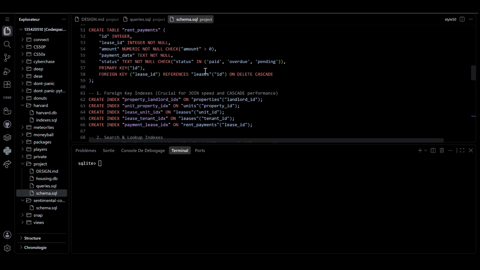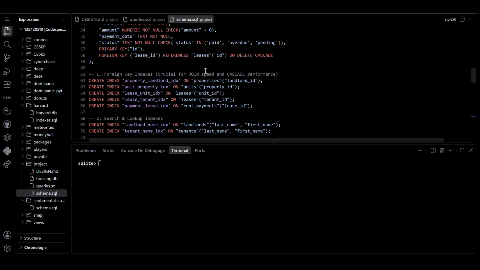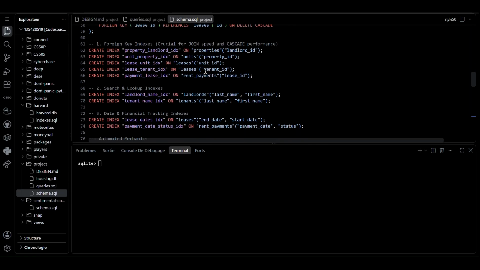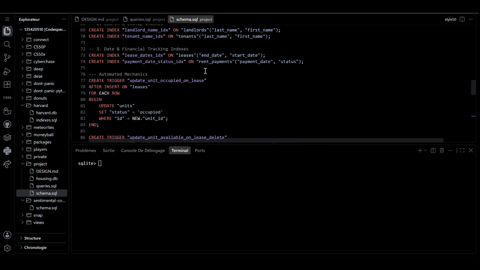I've also created some indexes in order to speed up the queries themselves. And then I've also created some triggers in order to make these automated mechanics between the tables.